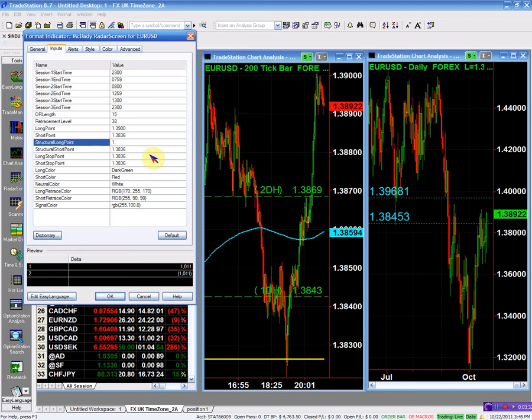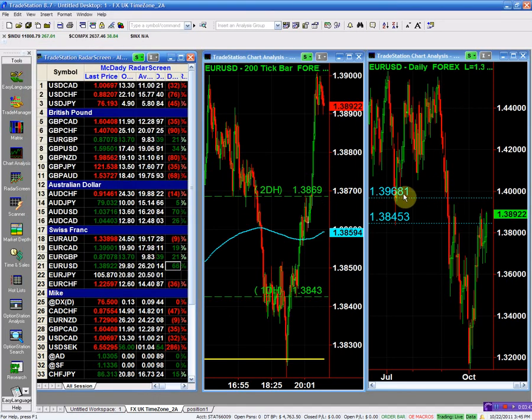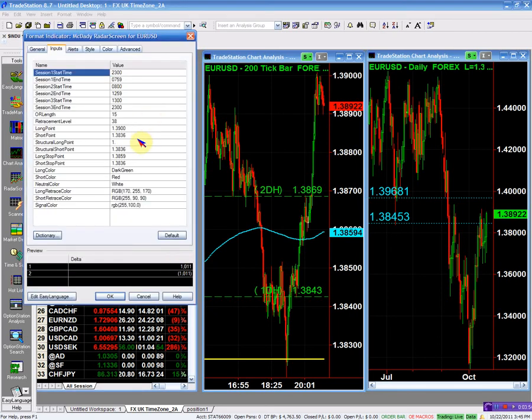My stop is going to be 138.59. And my structure long in this case is the 139.68.